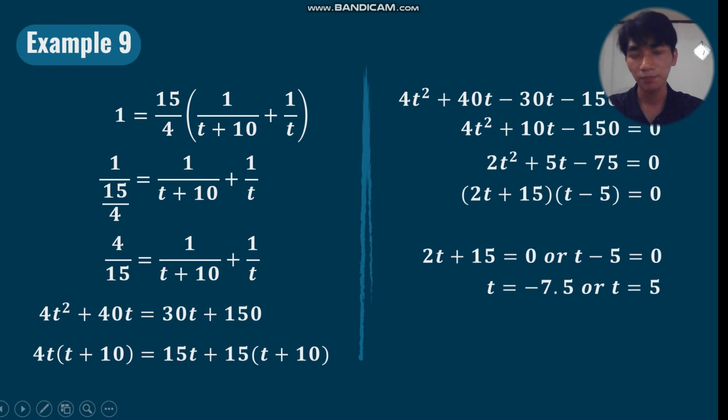So we get 4 times t squared plus 10t... equals 15t plus 150.